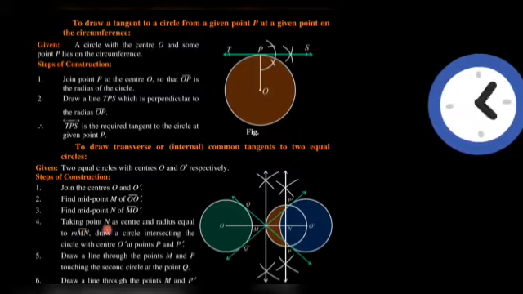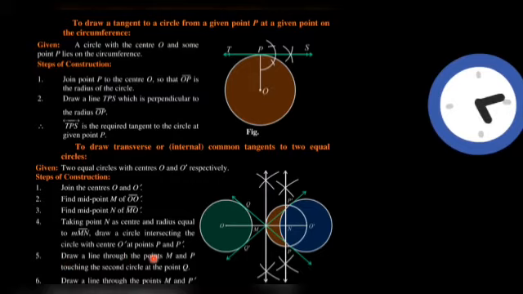Now take N as the center and draw a circle with radius equal to MN. I open the compass to this point, so the radius of the circle is equal to MN. This circle intersects the circle with center O prime at the points P and P prime, this point and this point. These two points are to be noted.